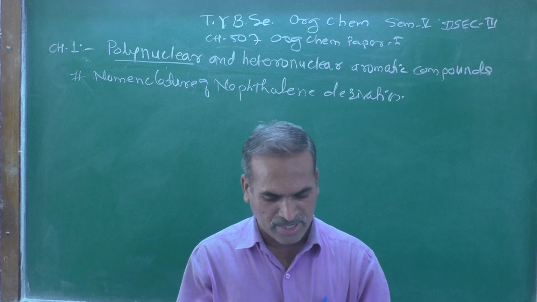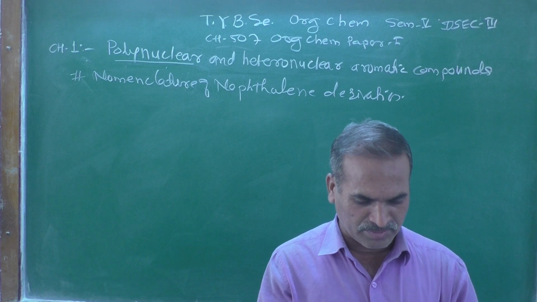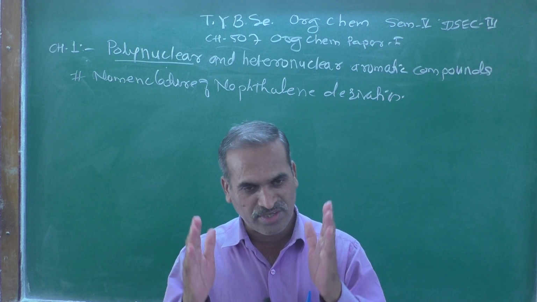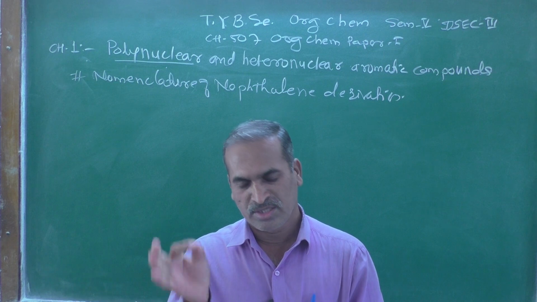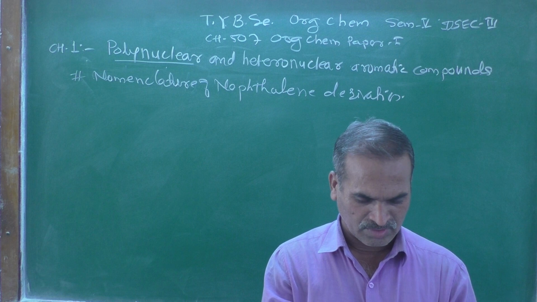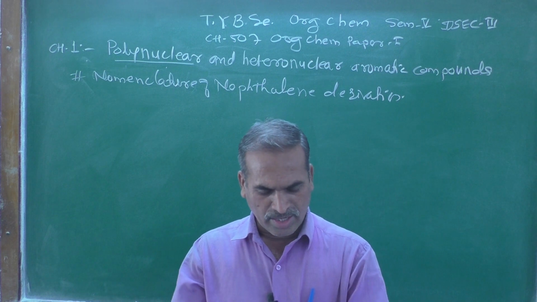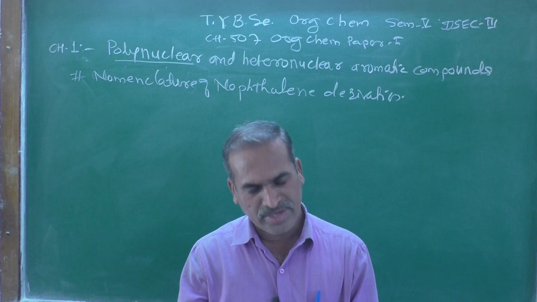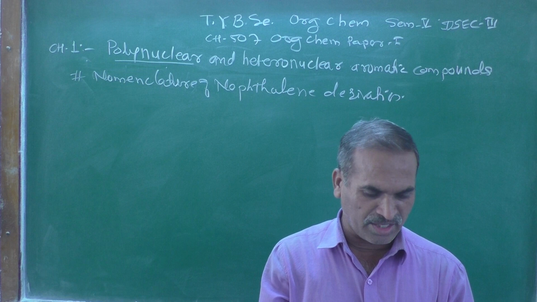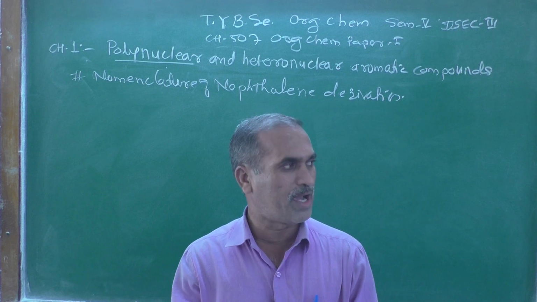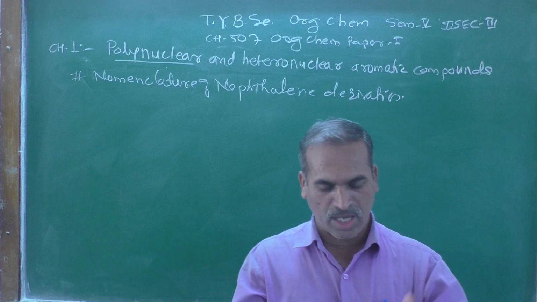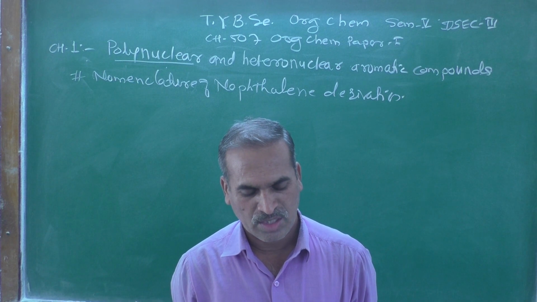The simplest and most important of the fused ring hydrocarbons are naphthalene, which has the molecular formula C10H8, anthracene, which has the molecular formula C14H10, and phenanthrene, which also has the molecular formula C14H10.